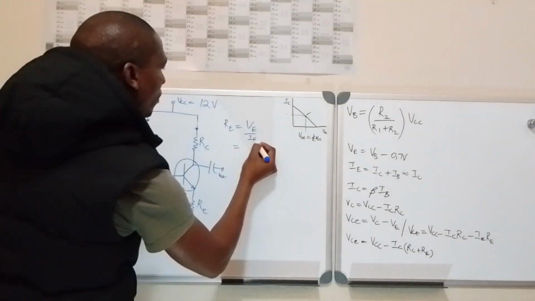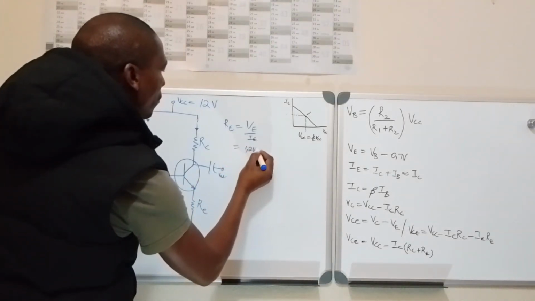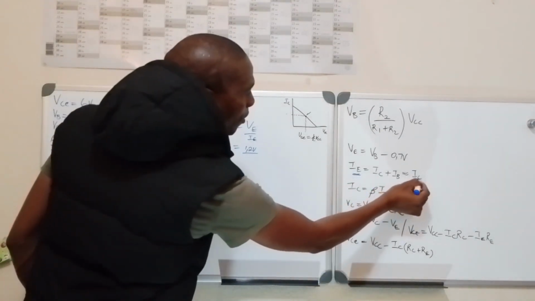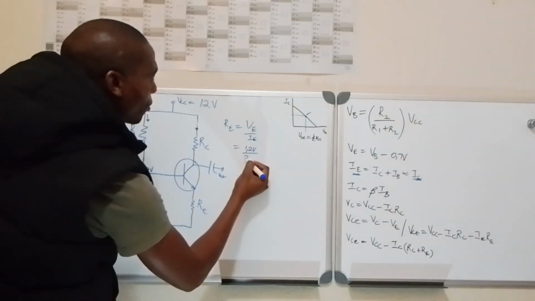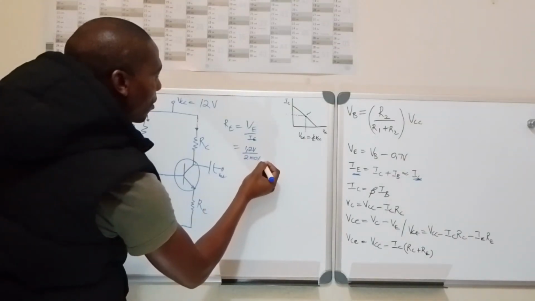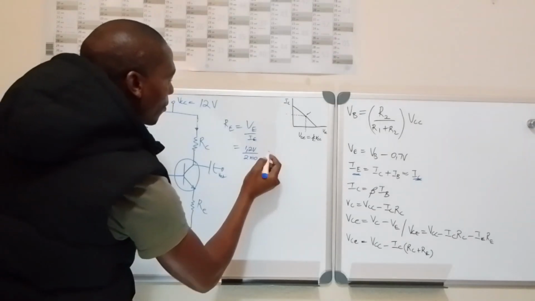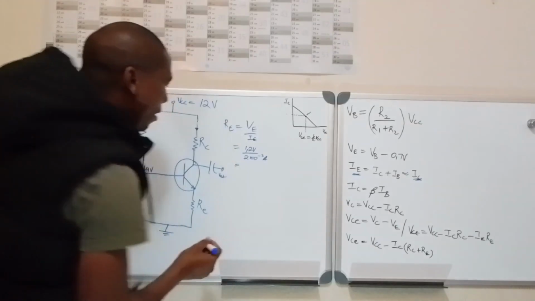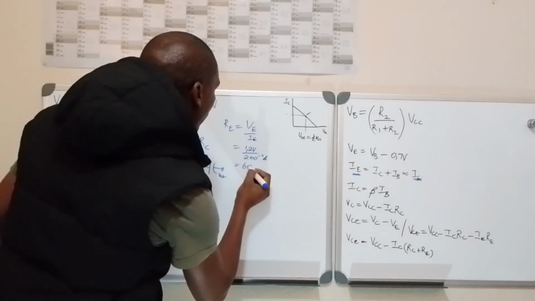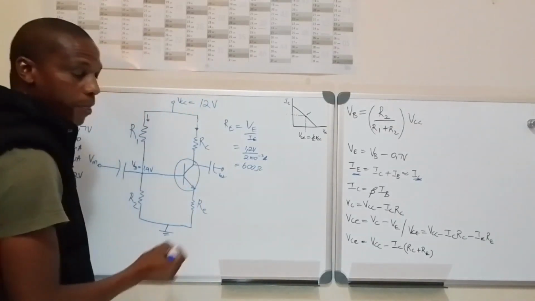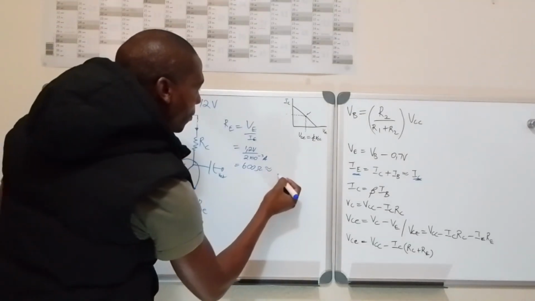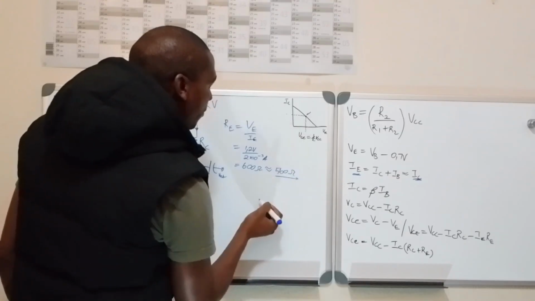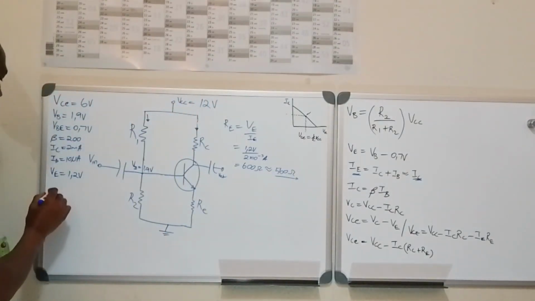So you have 1.2 volt divided by IE, which is approximately equal to IC, and IC is 2 milliamps. It gets 600 ohm, and 600 ohm is approximately equal to 560 ohms. Now we have RE.